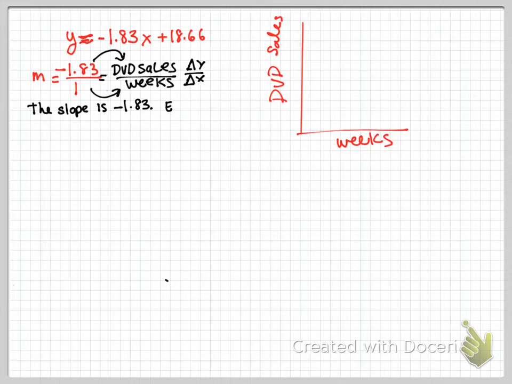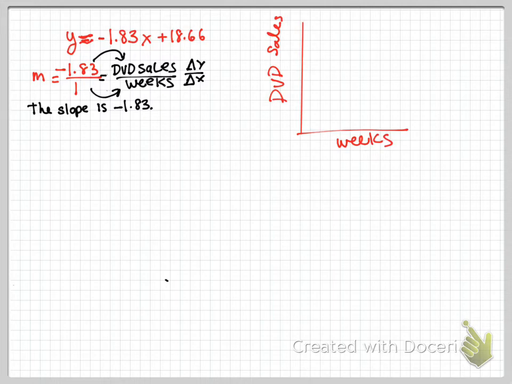Every week there are negative 1.83 million sales. Nope, close. You're very close. Go, Max. Every week the DVD sales go down 1.83 million. Yeah.